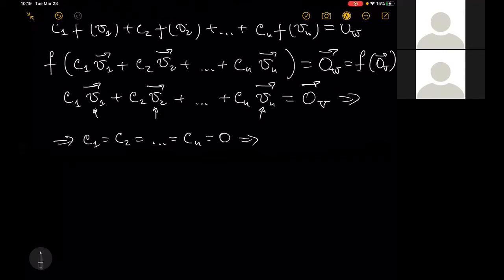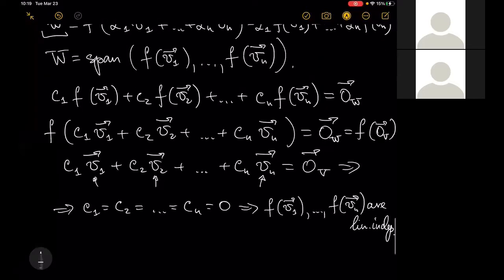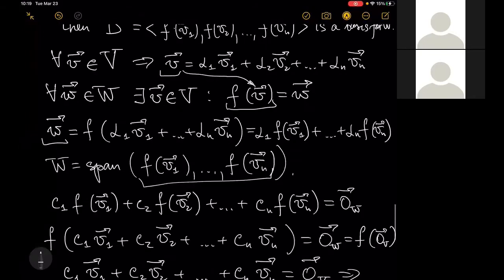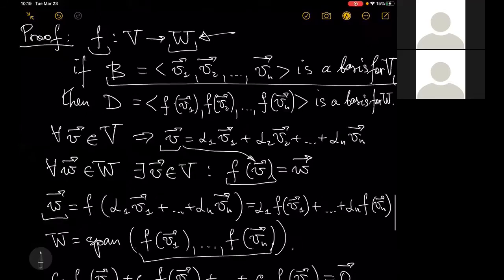So it means that these vectors are linearly independent. So I got that these vectors span the vector space and they are linearly independent. It means they form a basis. Number of vectors in the basis is exactly n, right? The same as a number of the vectors in the basis for original vector space. That's it. So I got that dimension.